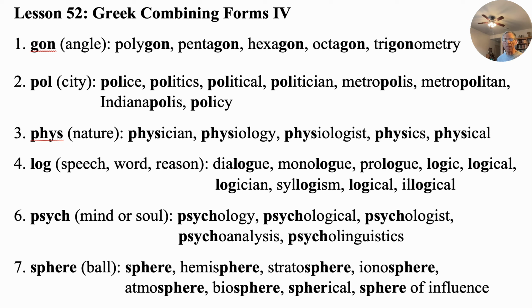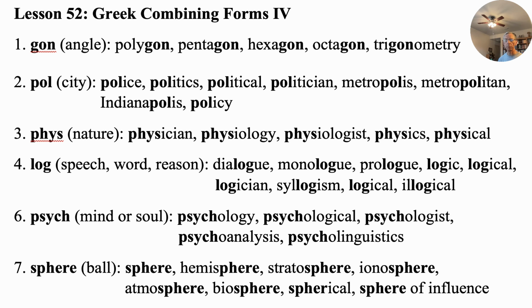And then the ionosphere. The ionosphere is the layer of Earth's atmosphere that contains a high concentration of ions and free electrons and is able to reflect radio waves. It lies above the mesosphere and extends 50 to 600 miles above the Earth's surface.